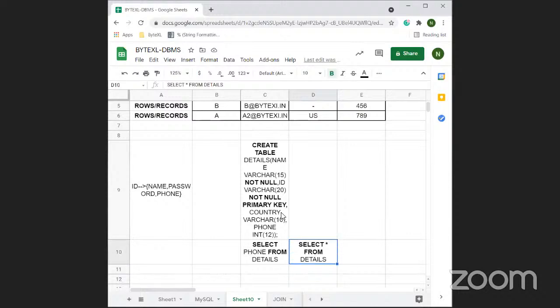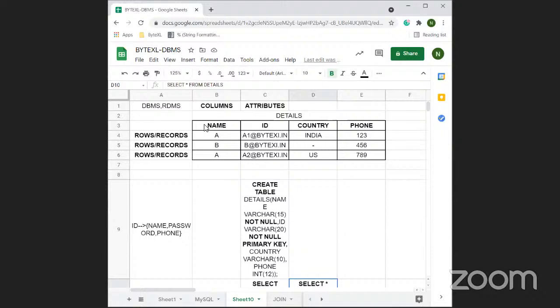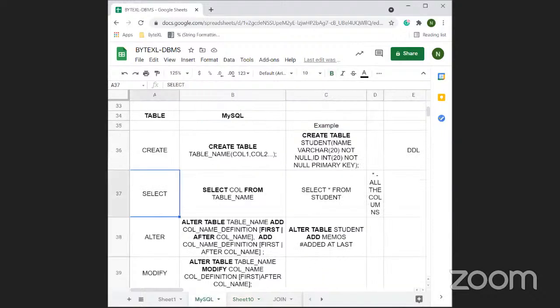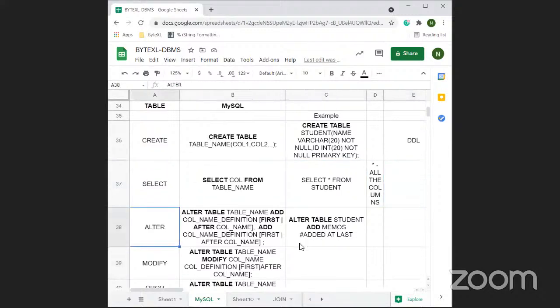Now select star would select all the values. This is also one available syntax. So select star, all values, or a single column. Now this select is one keyword.